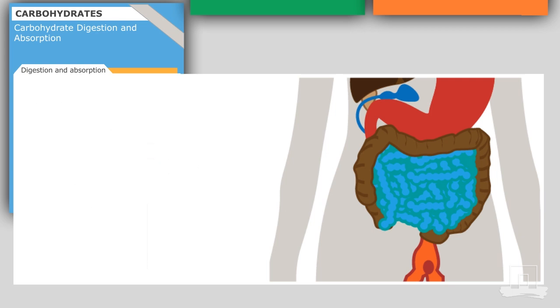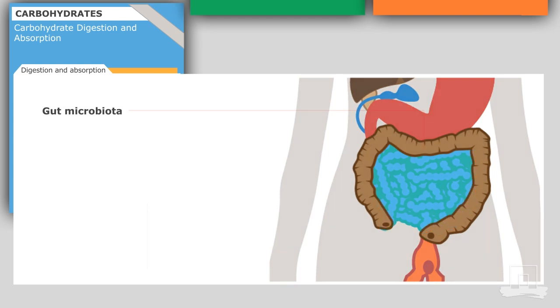Nowadays, there is a lot of interest in the role of dietary fiber, and especially in the role of the gut microbiota, because we are increasingly realizing that a lot of the beneficial effects of dietary nutrients may be mediated through changes in the gut microbiota.